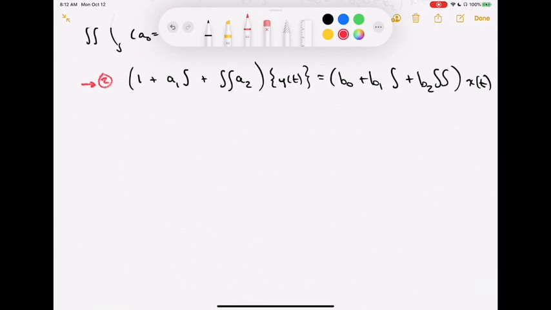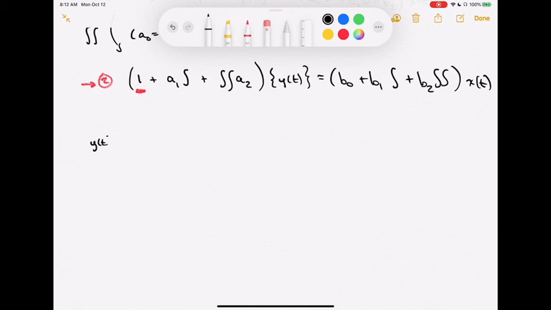We want to be able to realize this system. I'm going to write it in a little bit different form. I'm going to go ahead and solve for the y of t term in this case. So that's going to come from the 1 times y of t, put that on the left-hand side and put everything else on the right-hand side.